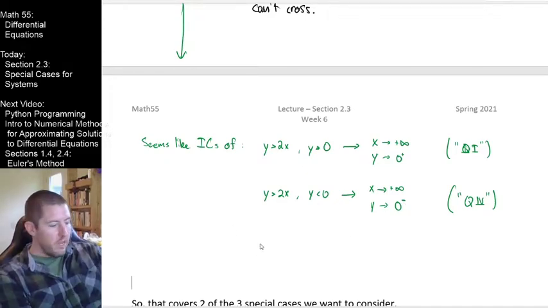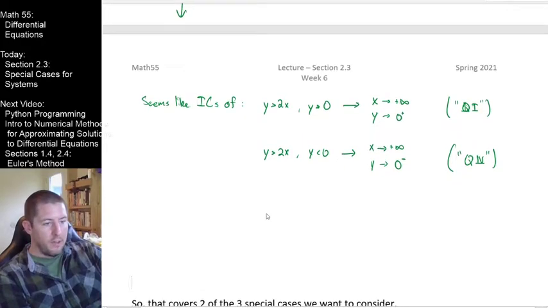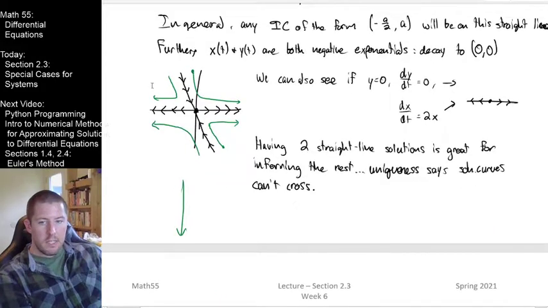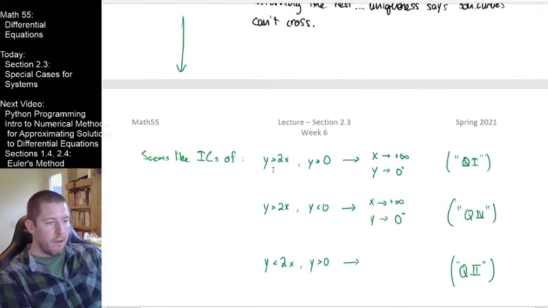On the other hand, we could have our y values being less than 2x, but above. All right, this is sort of like our Q2 scenario right here. And again, it's not quite the second quadrant, but it's pretty close, right? It's this region that we're looking at up here. And it looks to me like all of these trajectories should end up having the x value go to negative infinity, a y value going to 0 from above.